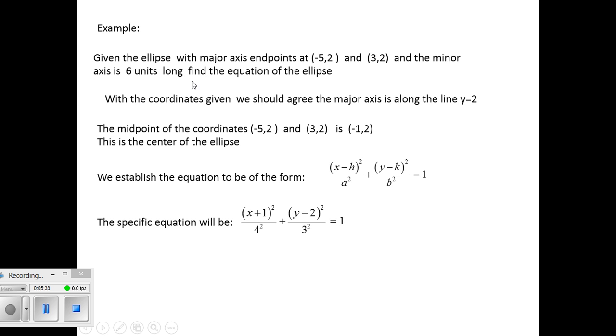And since the minor axis is spanning 6 units, the b value is going to be 3. Again, the major axis has the a value, so it's oriented in this sense, okay?